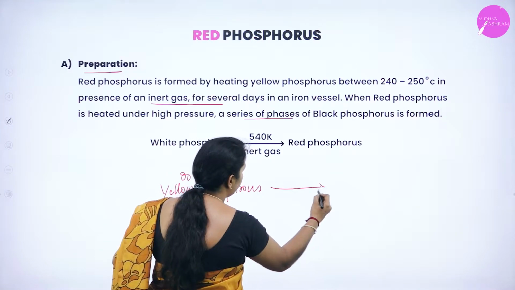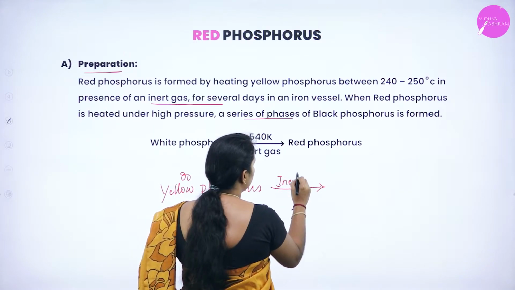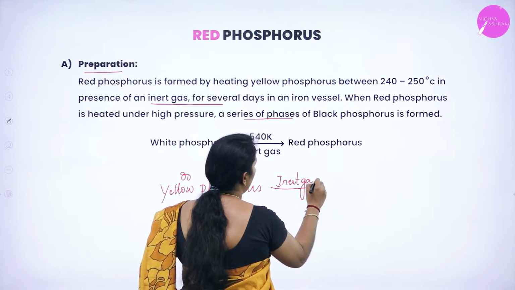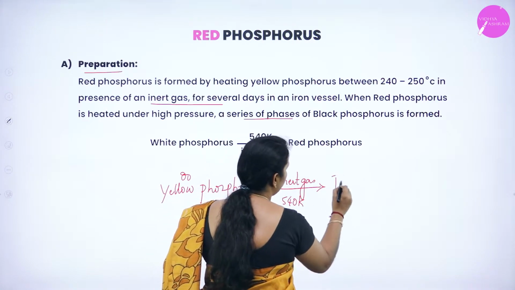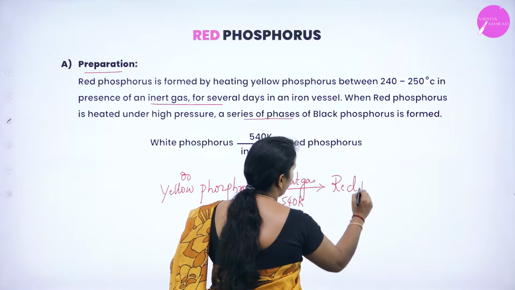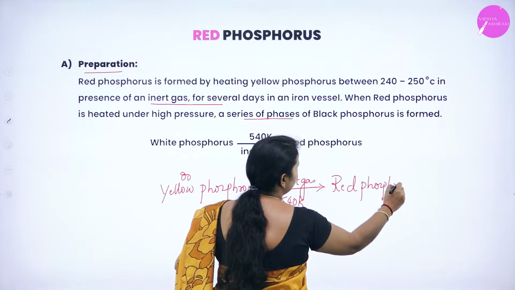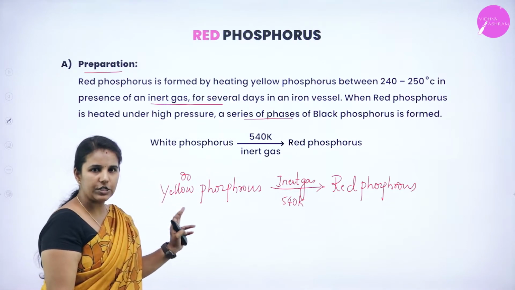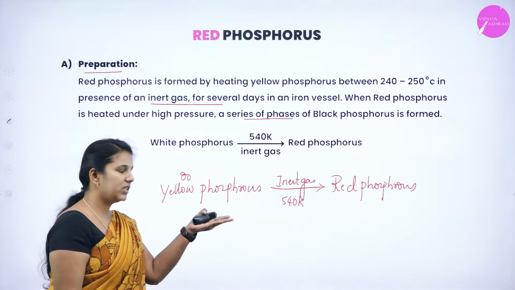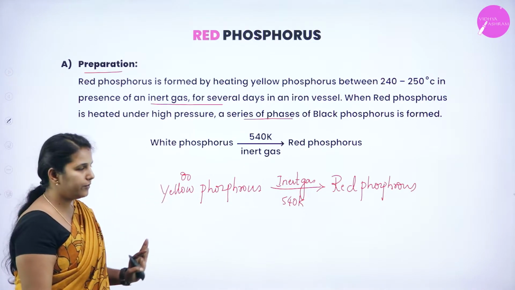Upon heating under inert gas around 540 Kelvin temperature, it gives us what? Red phosphorus. So you can write this reaction to indicate how red phosphorus will be formed from the yellow or white phosphorus.